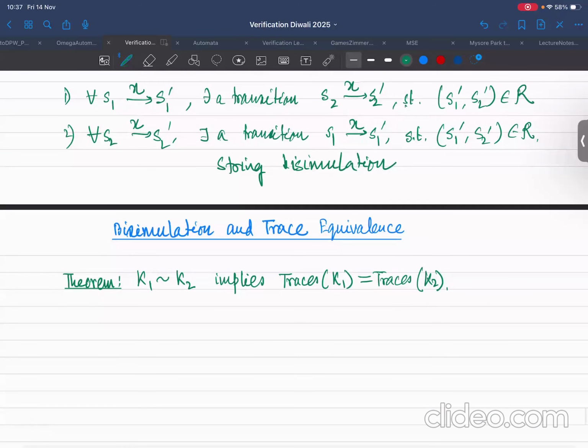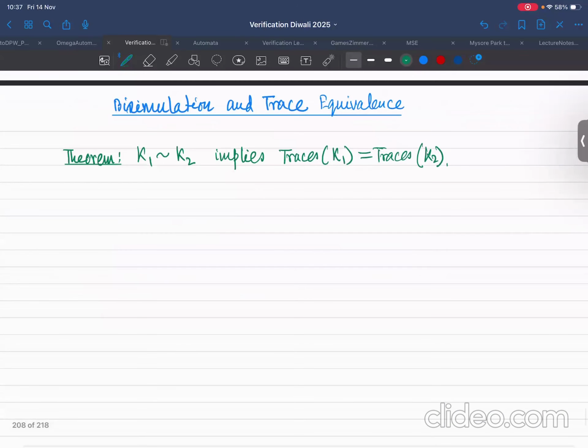Now, what is a trace in a Kripke structure? You have a run, an execution of the Kripke structure.